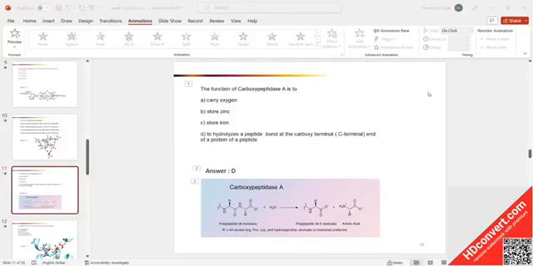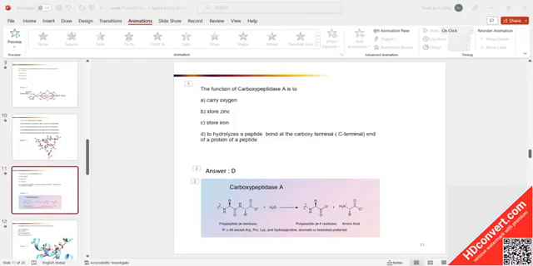Okay, so we all know that carboxypeptidase is basically used to hydrolyze peptide bonds, as I previously discussed. So it basically cleaves the bond at the C terminal of the peptide. If you see this moiety here, this is the C terminal of the peptide. Let's say this is the last amide bond in the whole polymeric chain, and this is the C terminal because the carbonyl is towards the inside of the chain, and the NH of the amide bond is outside.